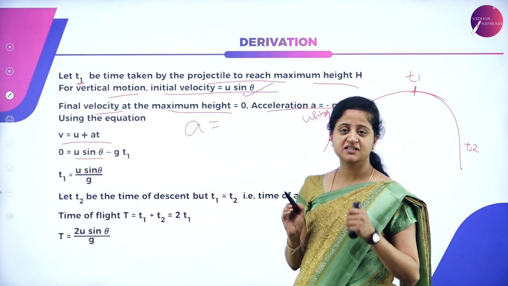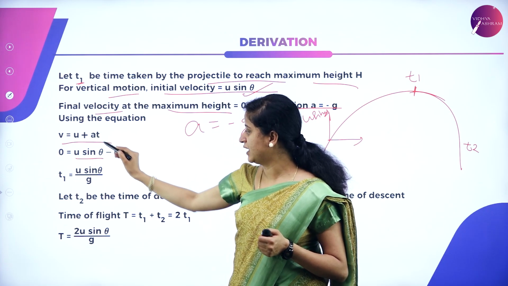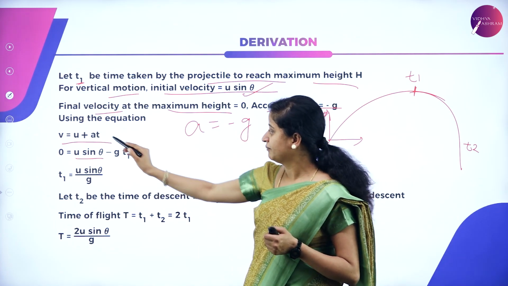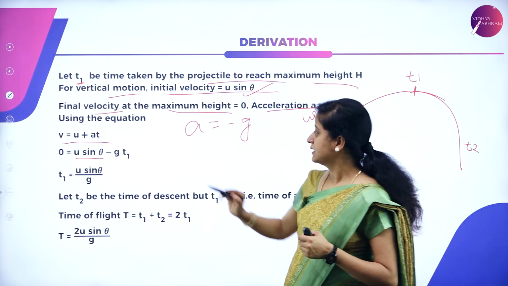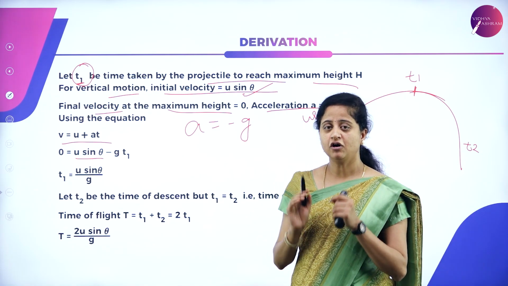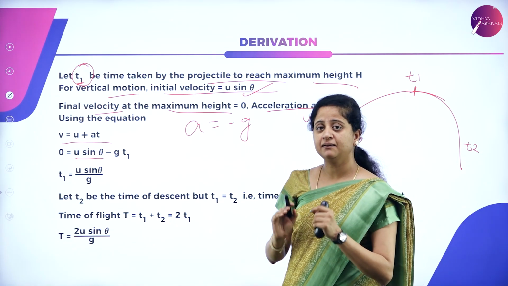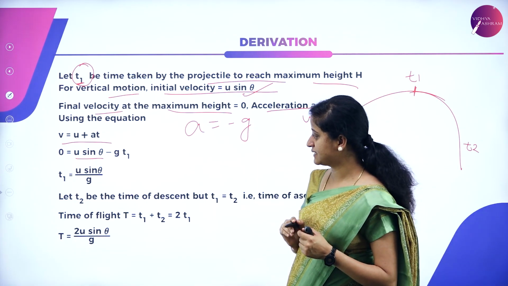Conventionally, for a body travelling upwards, a is minus g. So, in the place of a, we substitute minus g, and it is the time of ascent we are finding, that is given by t1. We have considered t1 as the time taken by the projectile to reach the maximum height.